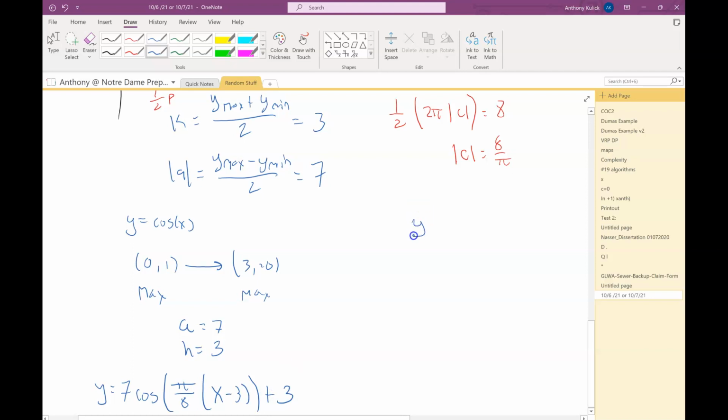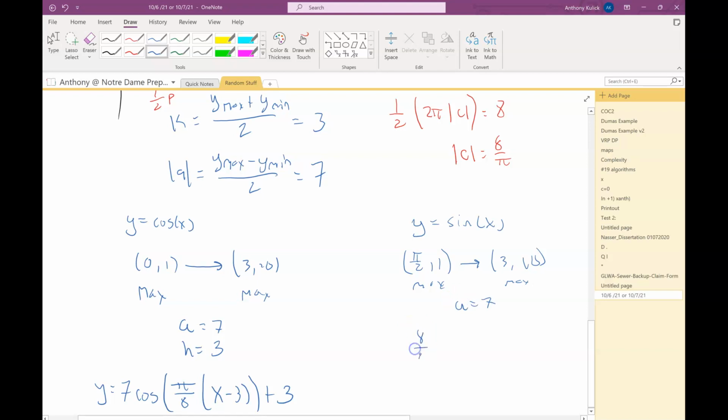If I wanted to do this with sine, it's a little bit trickier. So I'm going to need an extreme point from sine. So I'm going to take the maximum. So that's going to go to this maximum. So that tells us again that the a is positive.